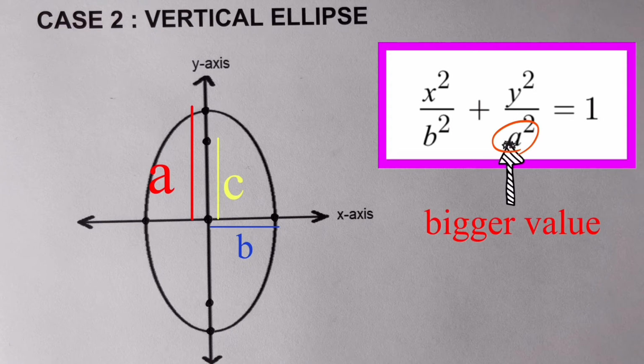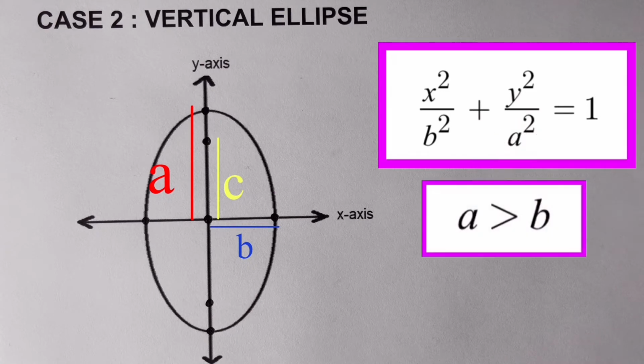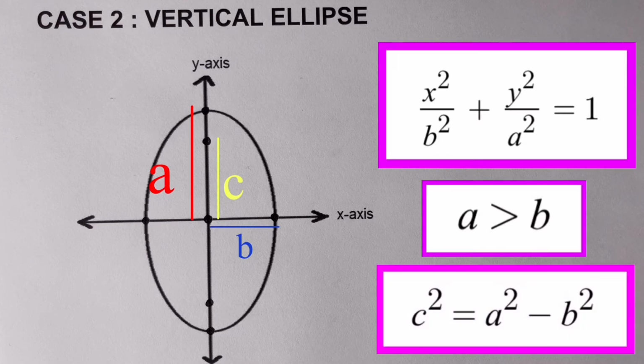This means that if the denominator under the y squared is bigger than the denominator under the x squared, we get a vertical ellipse. And we also remember that, again, A is always greater than B. Now, to determine the length of C, we are going to use the equation c squared equals a squared minus b squared. So these are the parts of an ellipse, and these are the two cases of an ellipse.